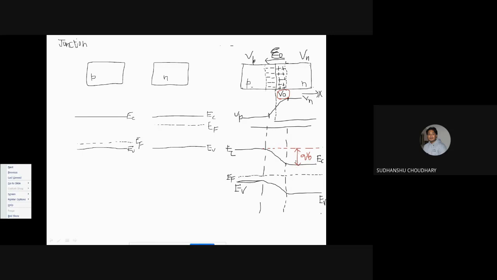So QV naught is the energy barrier, potential energy we understood. Now barrier for what? I say that QV naught is the energy barrier. In the energy band diagram, this is called the energy barrier or barrier energy.